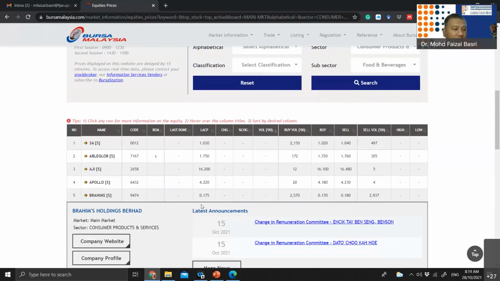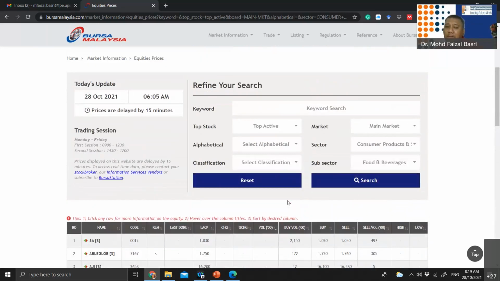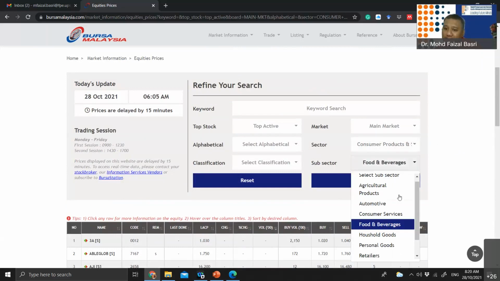So if you want to do your group assignment and you want to search for companies, usually in your class you cannot choose the same sector, because you need to choose multiple companies later. So you will all have different sectors or even different subsectors. Because the sector is quite broad, you can do it based on subsector.